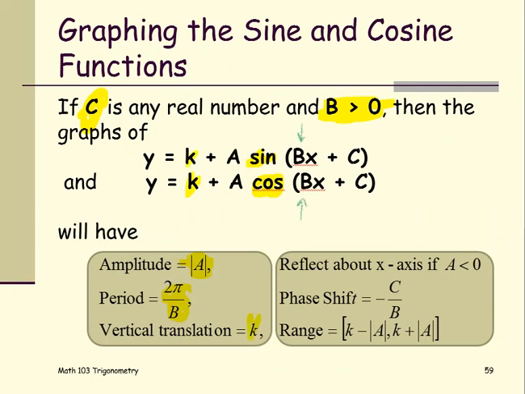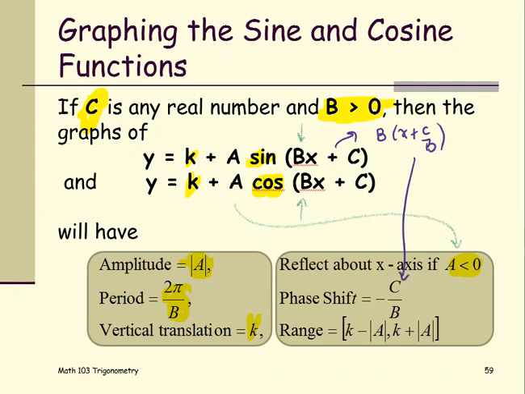The reflection about the x-axis happens if a is less than 0. The phase shift is the position negative c over b. Recall, if you factor this, it is b out and then x plus c over b. So negative c over b is the phase shift of the graph.